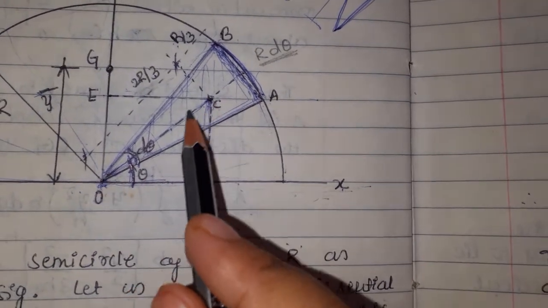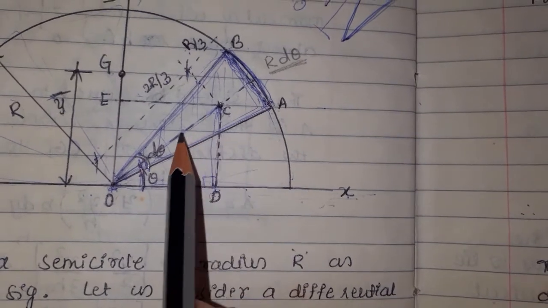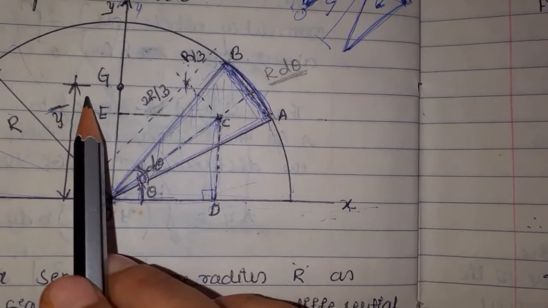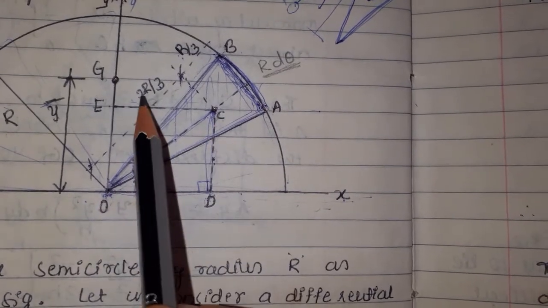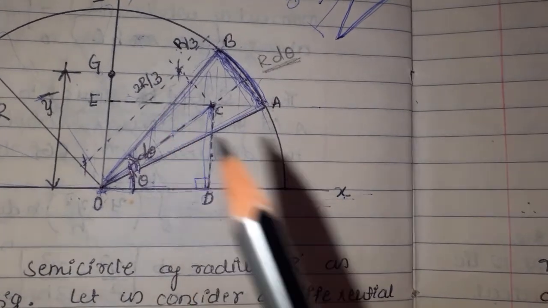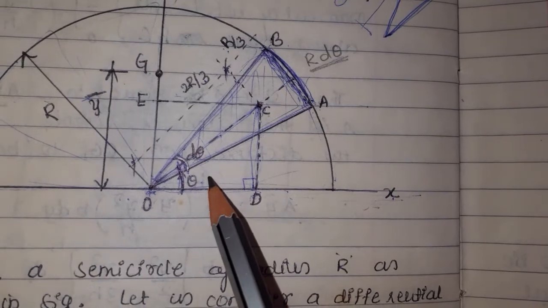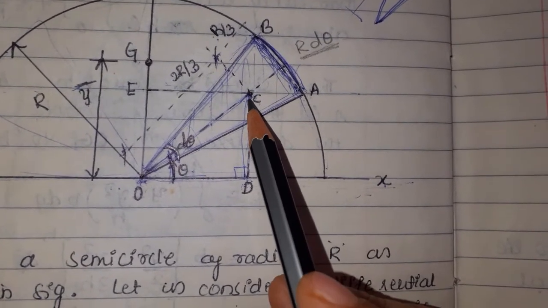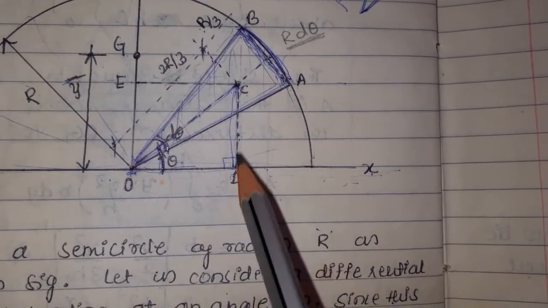If you resolve this inclined OC along the y-axis and along x-axis, you will get OC sine theta and OC cos theta. The value of OC is equal to 2/3 of r. Then from this same figure, let us extend this line so that it touches the x-axis.